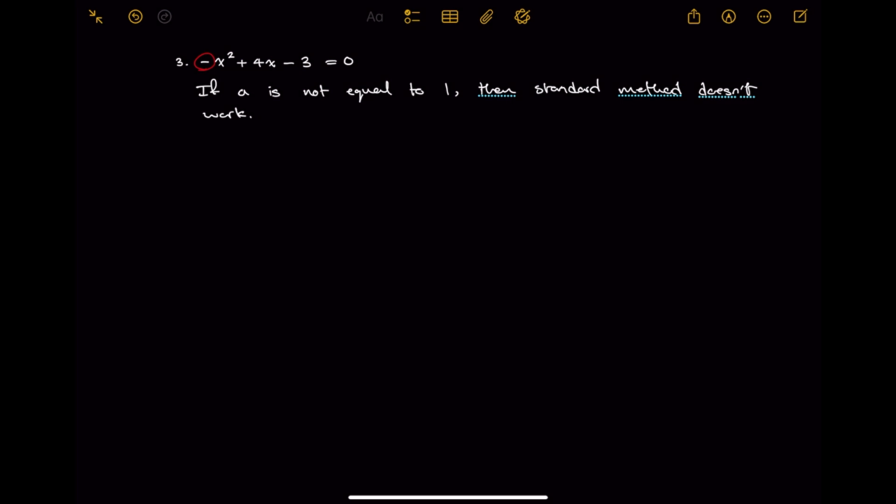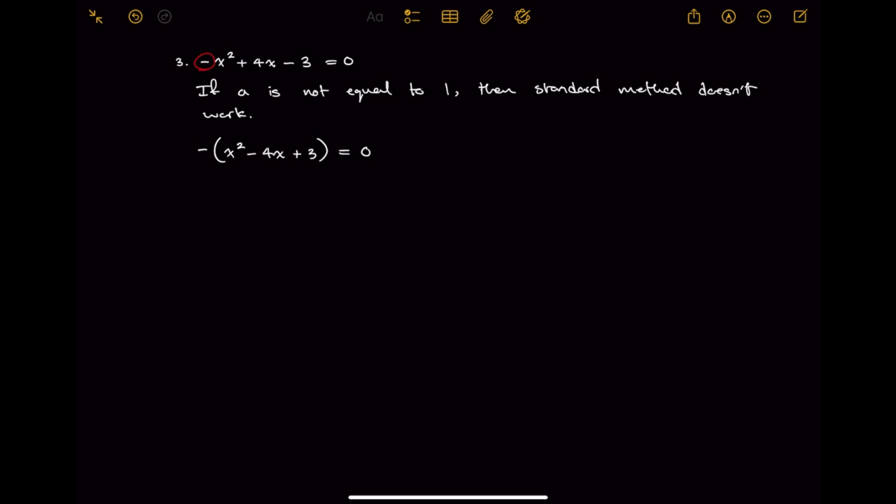So first, in order to make sure that the a value is not this negative 1 over here, what I'm going to do is perform a bit of initial factoring. So I'm going to take out the negative 1, which is akin to switching the signs of each of the terms.